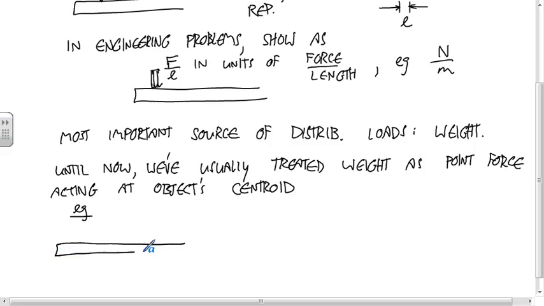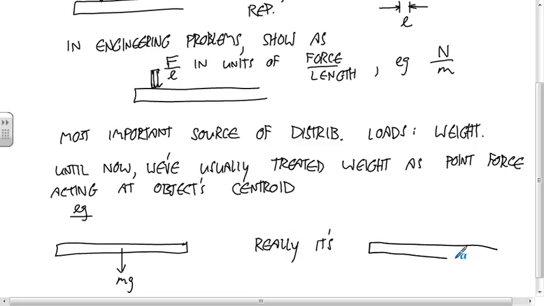So for example, if you have an object like this, we've treated the weight as a force vector pointing down from the centroid with a magnitude of mg. But it's really this. So you have an object like this.